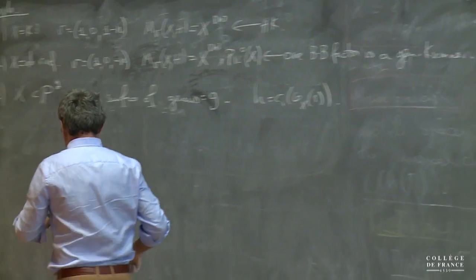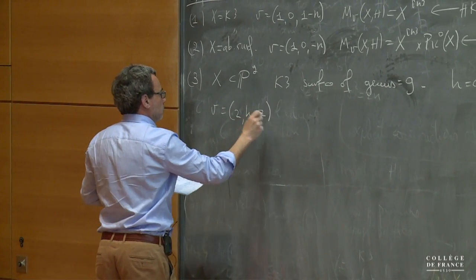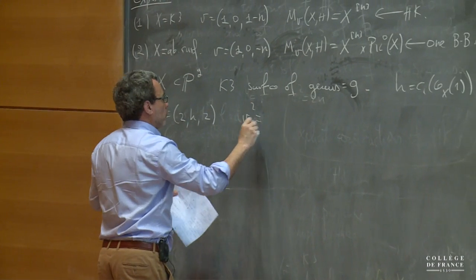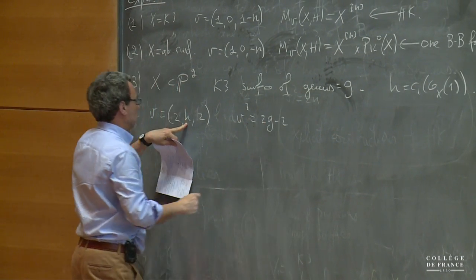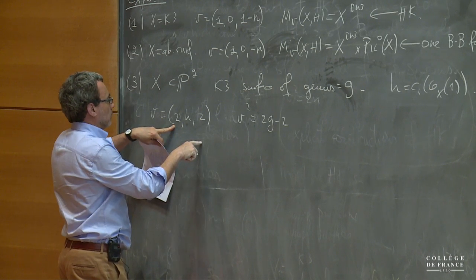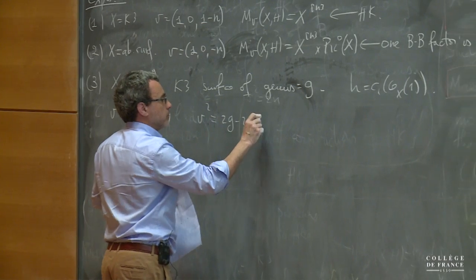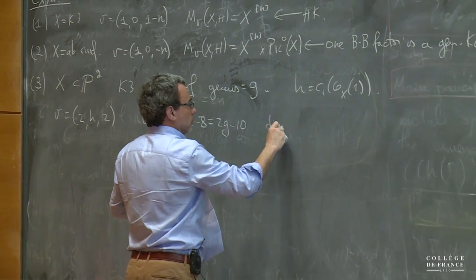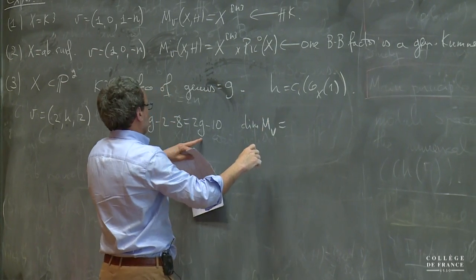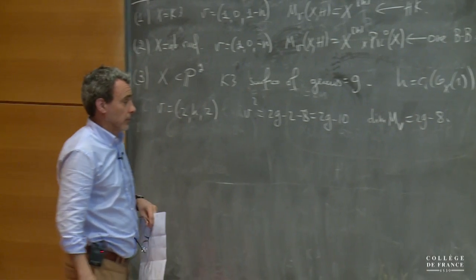And v is (2, H, 2). So v squared: we have H squared, which is 2g minus 2, and then we have 4 plus 4, 8, but we have to change sign, so this is 2g minus 10. And the dimension of M_v is 2g minus 8.